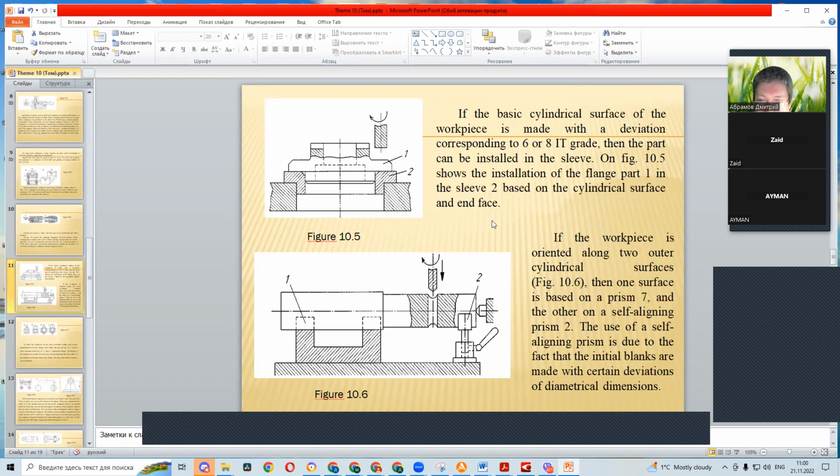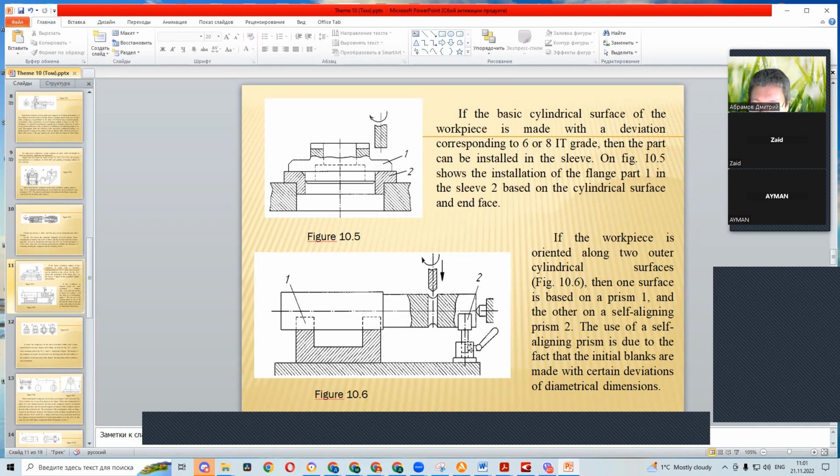If the workpiece is oriented along two outer cylindrical surfaces, like in figure 10.6, two cylindrical outer surfaces, diameter 1 and diameter 2, then one surface is based on a prism 1 and the other on a self-aligning prism 2.